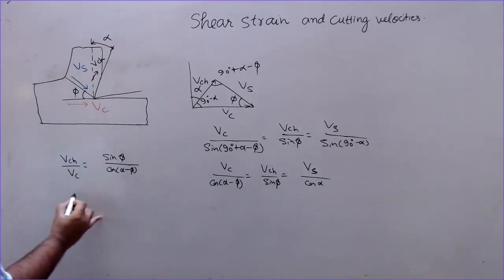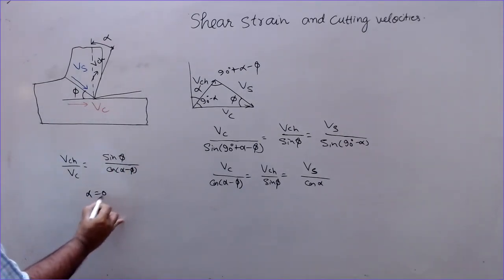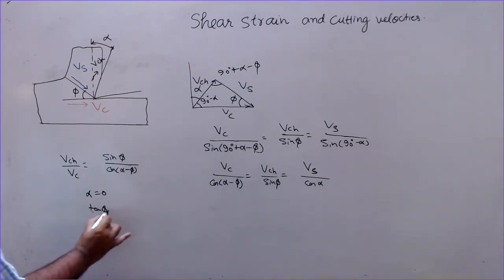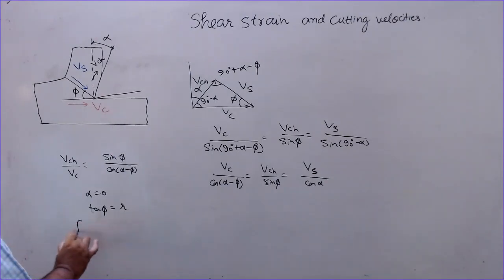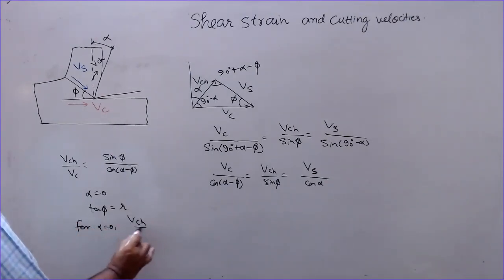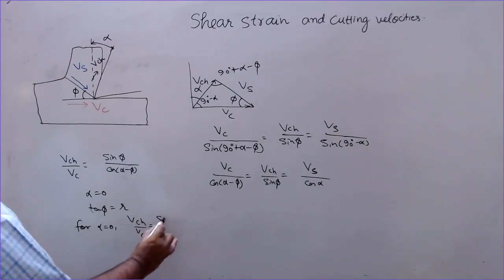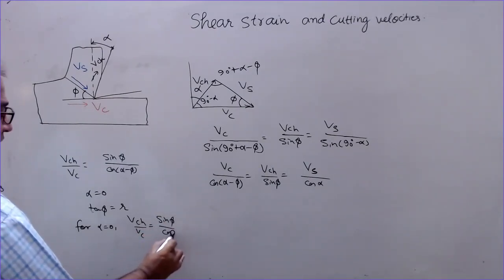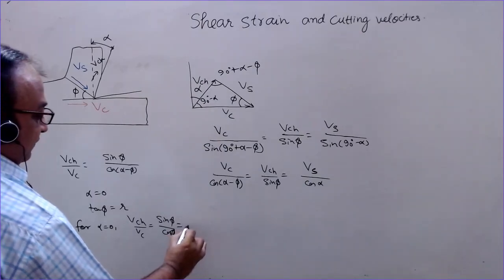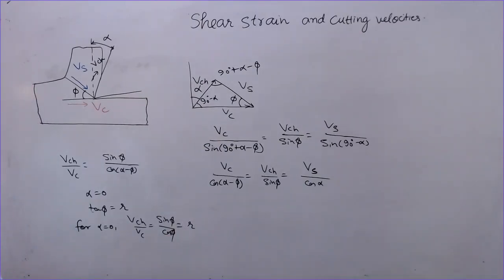If you have a zero rake tool, in that case tan phi is equal to R, and for a zero rake tool V chip upon Vc is equal to sin phi upon cos phi, which is tan phi, which is equal to R. So for a zero rake tool, the chip velocity is equal to R times the cutting velocity.